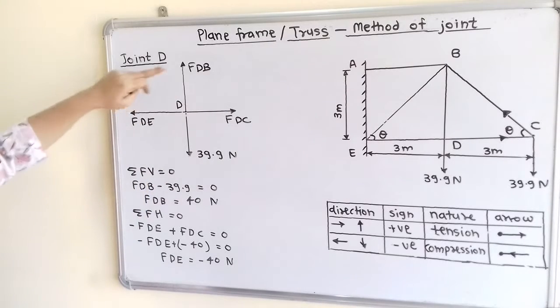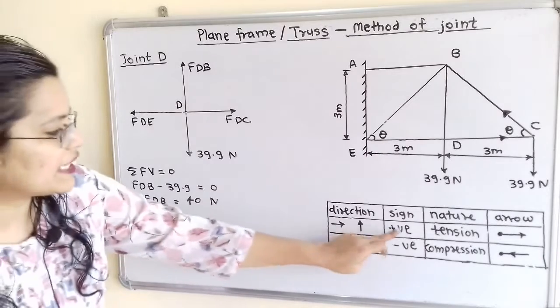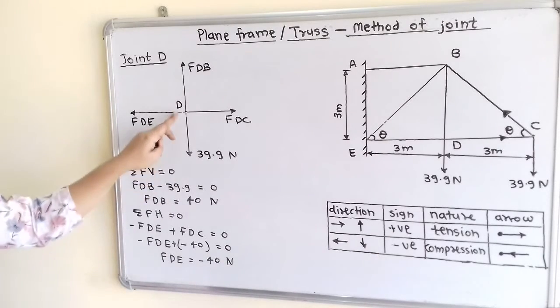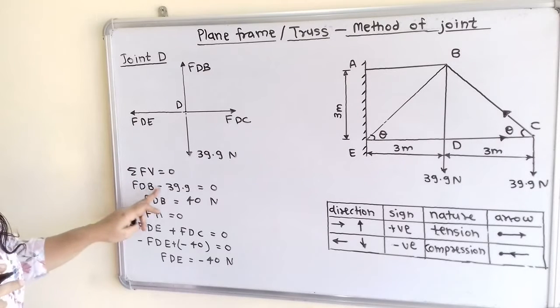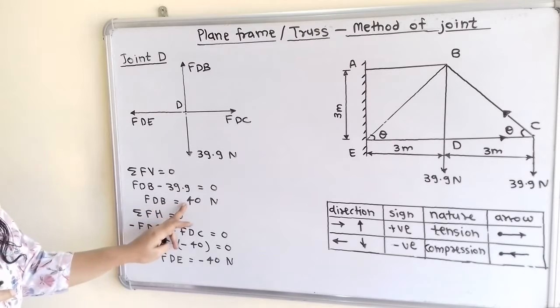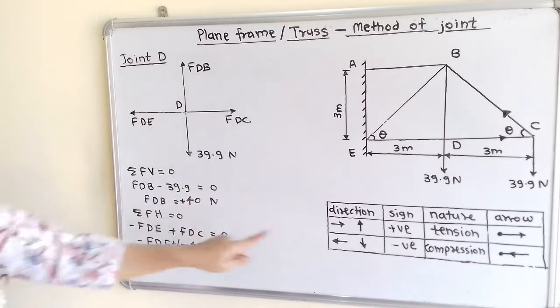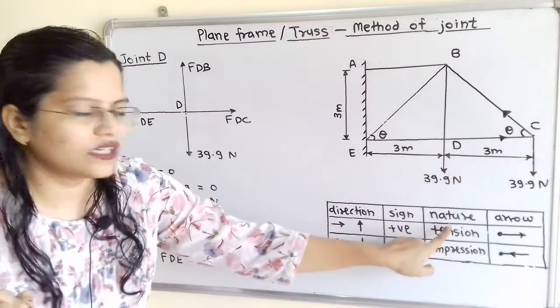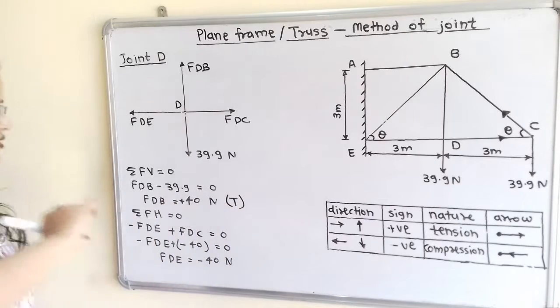From the diagram, here is the upward direction, and for upward direction we use a positive sign, and here is the downward direction, so we use a negative sign. So FDB minus 39.9 is equal to 0. So FDB is equal to plus 40 Newton. Here is a positive sign, and for a positive sign the nature is tension. So we will write tension here.